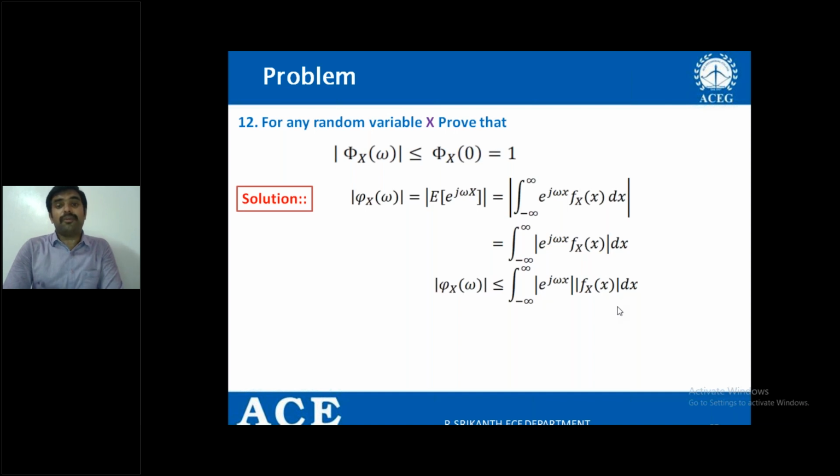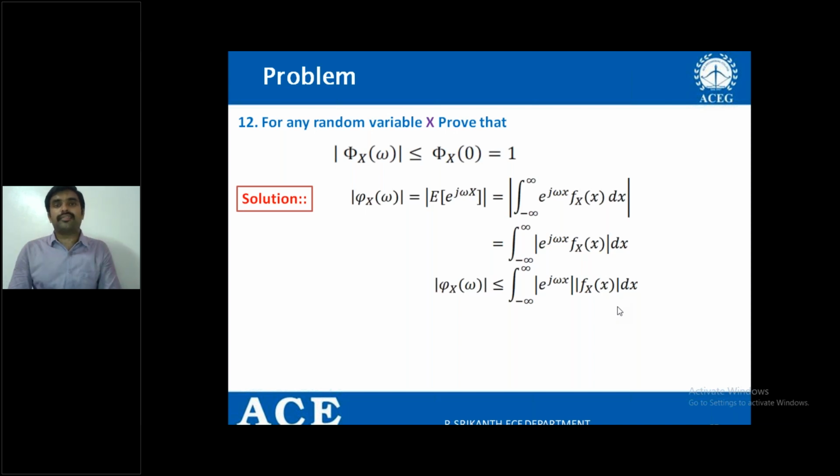Anybody, what is mod e power j omega x? e power j omega x can be written in the form of sinusoidal terms, right? As per Euler's relation, e power j omega x equals cos omega x plus j sin omega x. It is in the form a plus jb. If I find the magnitude of a plus jb, how do you write it? Mod a plus jb equals under root a square plus b square. Am I right?